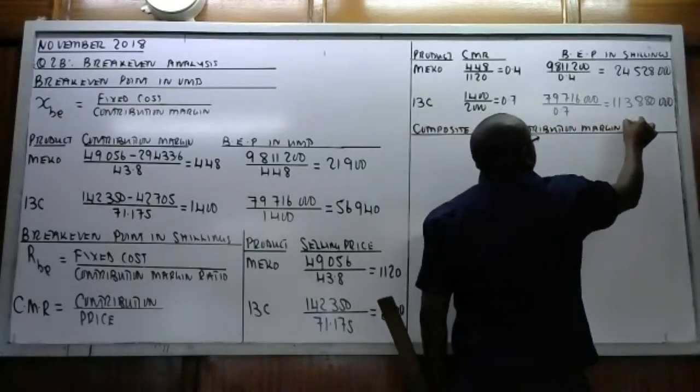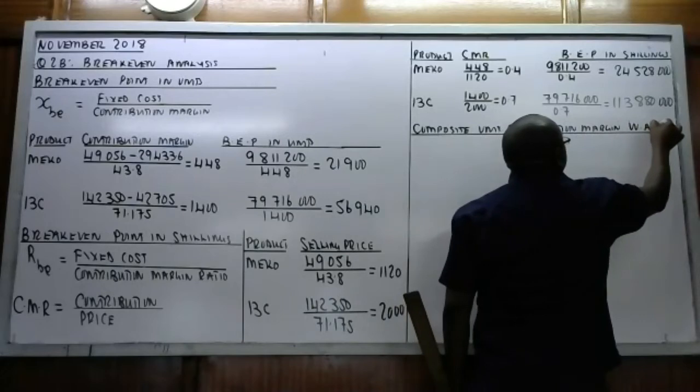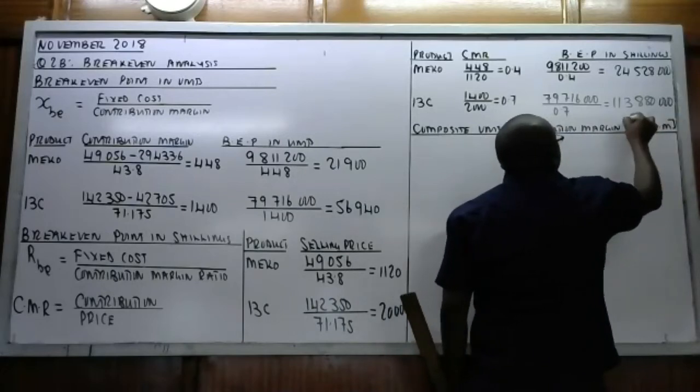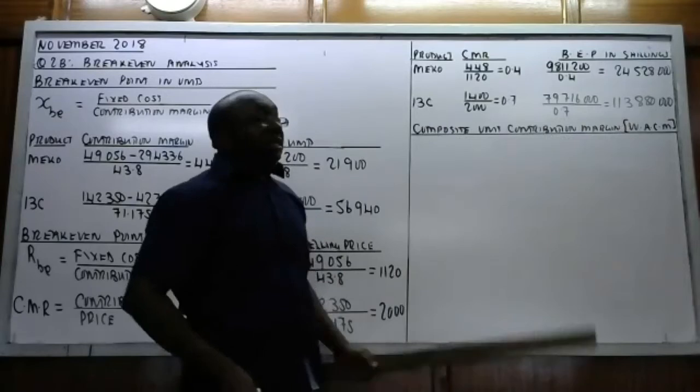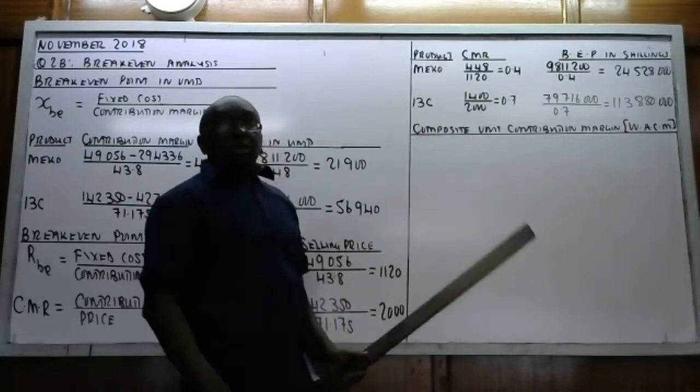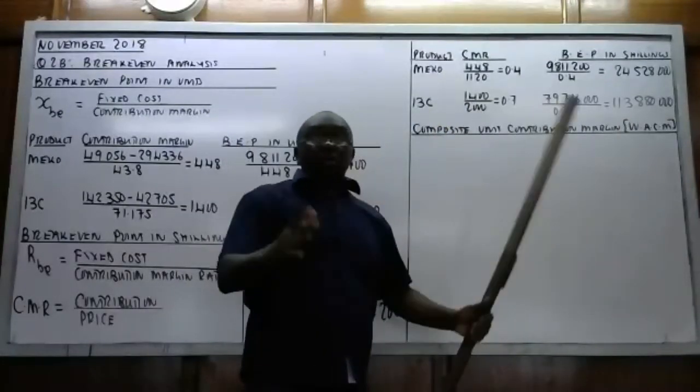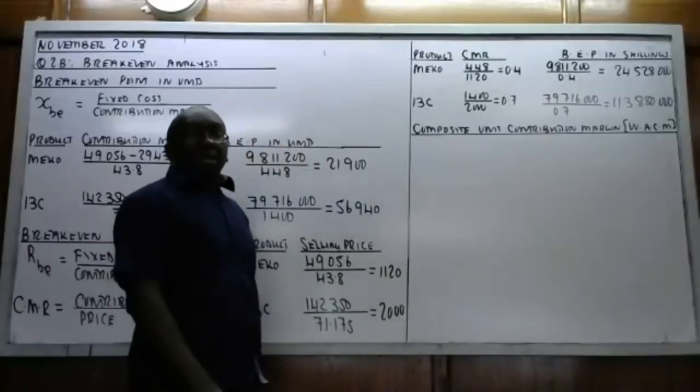This is what we generally refer to as weighted average contribution margin. The word composite means combination. The word weighted also means combination. So they mean one and the same thing.